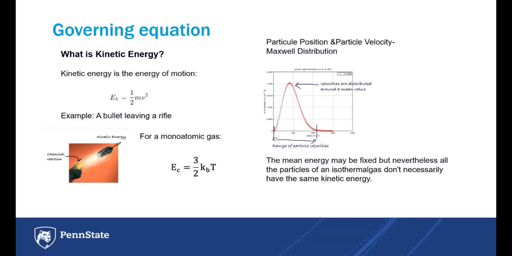Boltzmann showed that this motion, this average kinetic energy, is directly linked to temperature. So when we measure temperature, we are really measuring the average motion of all these particles. That's why high temperatures mean particles move fast, and why a hot gas has a broader and faster speed distribution than a cool one.